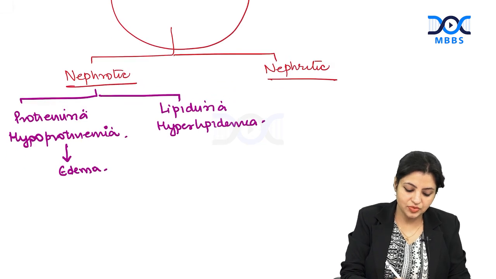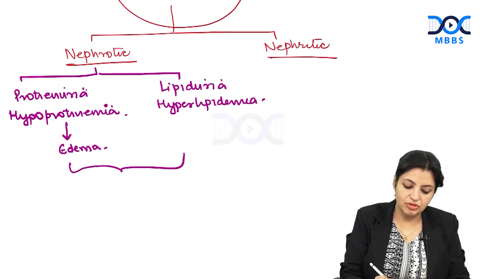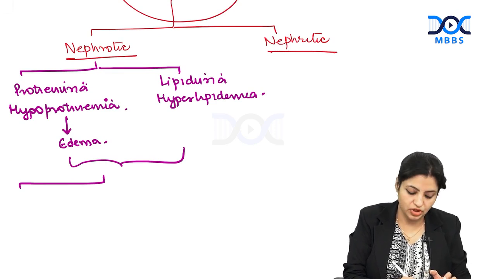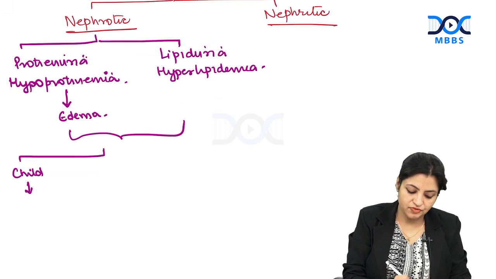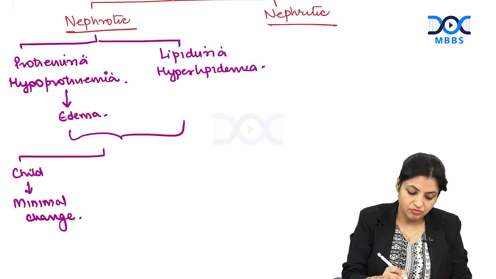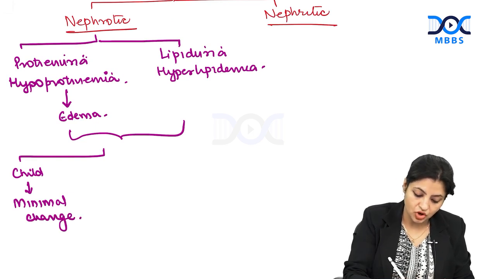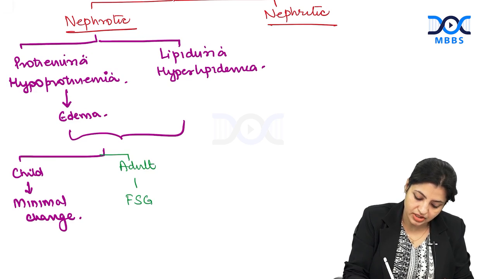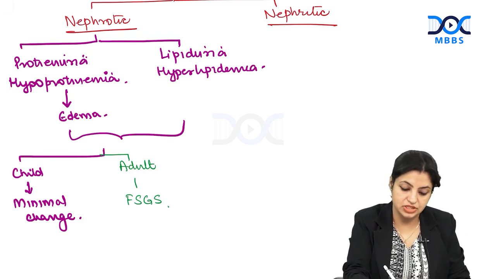Once we are clear with these features, remember the most common cause of nephrotic syndrome in a child is minimal change disease. The most common cause of nephrotic syndrome in an adult is focal segmental glomerulosclerosis.